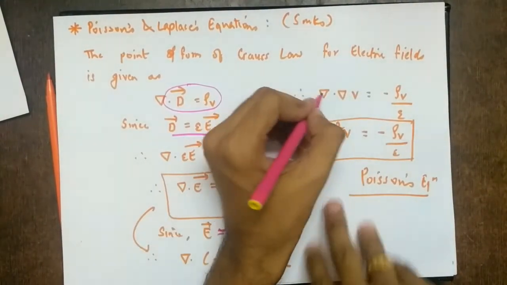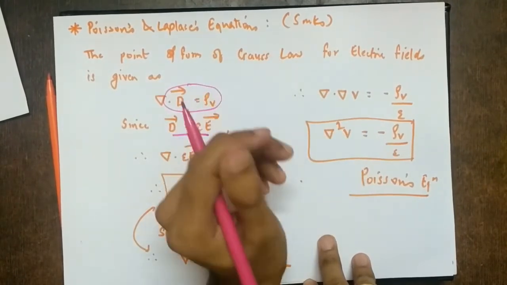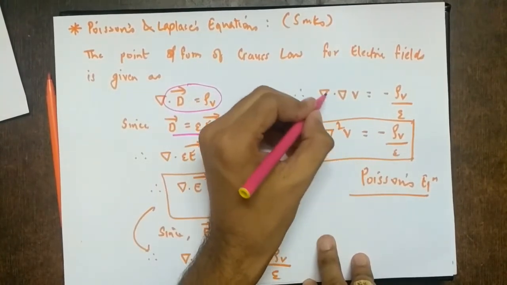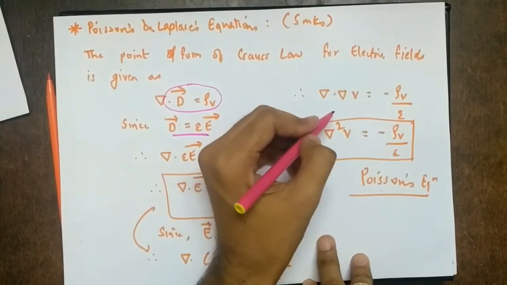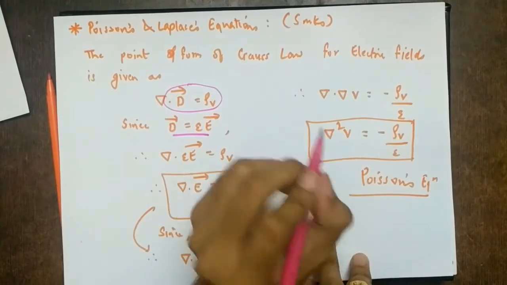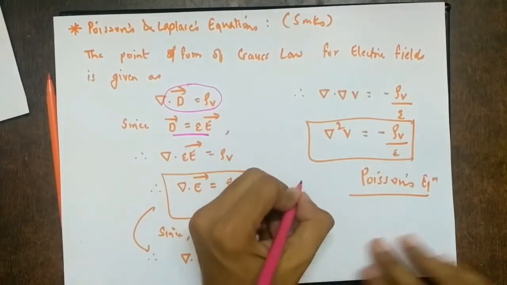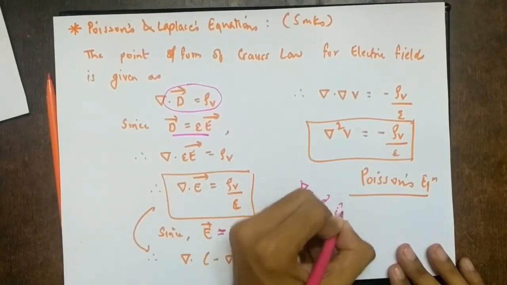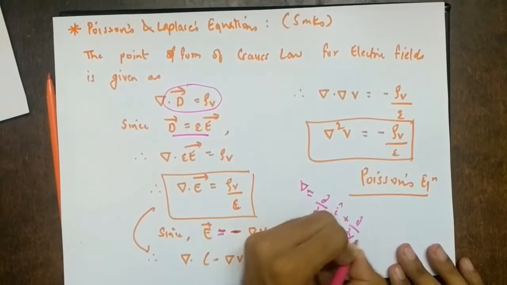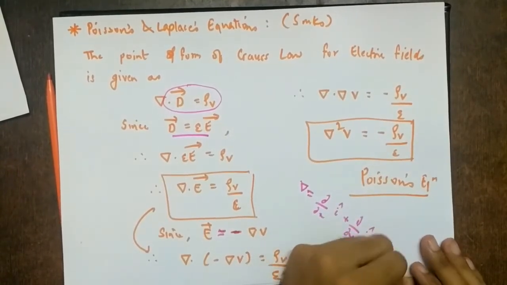Del dot del V. So what is del dot del, del square, right? Now someone might have a doubt that del is a vector, so del square is also a vector, but here I am getting a scalar. You are wrong in the sense that del square is not a vector, it is a scalar. Why? Because what is del? ∂/∂x i cap plus ∂/∂y j cap plus ∂/∂z k cap.